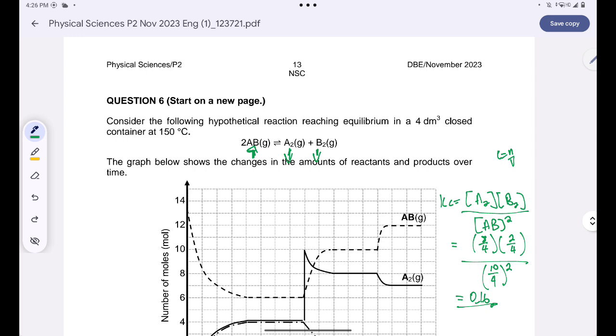Because a decrease in temperature has decreased my product, but has increased my reactants. Remember that, guys, whenever you decrease temperature, you always favor your exothermic reaction. So this simply means that the reverse reaction is the one which was favored. Hence I say it is exothermic, and the forward one is endothermic.